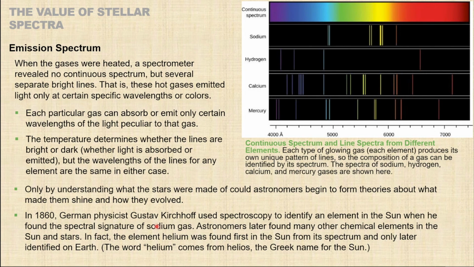He found the sodium spectral signature coming out of the sun. And when sodium gas was heated in the lab and its wavelengths were measured, the sodium emission spectra matched the sodium spectra of the sun. That's why we know the composition of the sun had sodium.